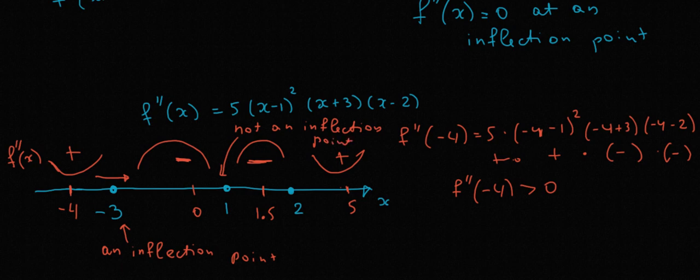And then finally, at x equals 2, again we have a sign change from negative to positive for the second derivative, therefore 2 is an inflection point. So out of these 3 points where the second derivative takes the value 0, 2 of those points are inflection points, and the third one is not. Overall, our function has 2 inflection points.